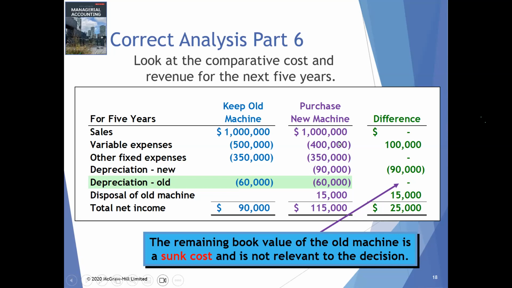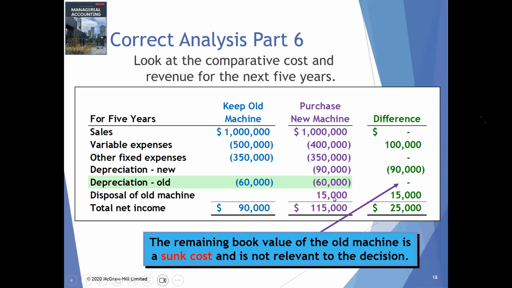So if we purchase a new machinery by replacing the old one, then $100,000 will be saving for us. And $90,000 is definitely the expenditure of the company that we will calculate. The old machinery is a sunk cost. We are not going to calculate it here. It will remain 0 here.